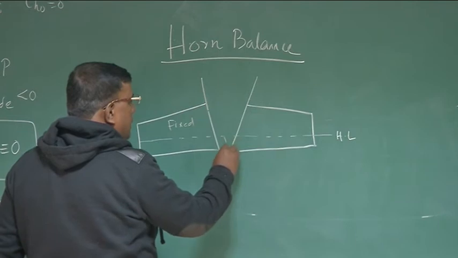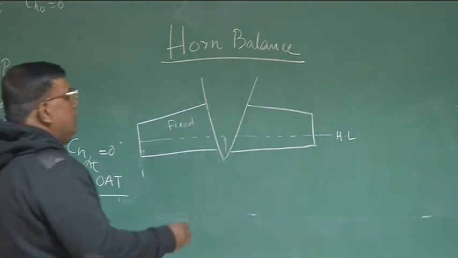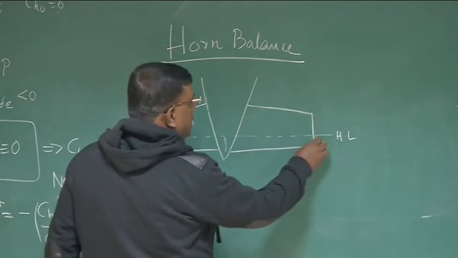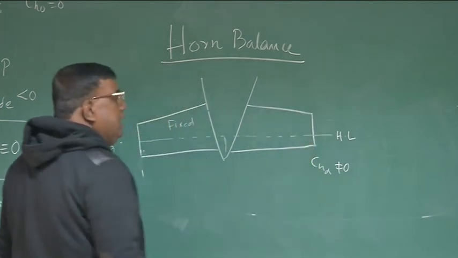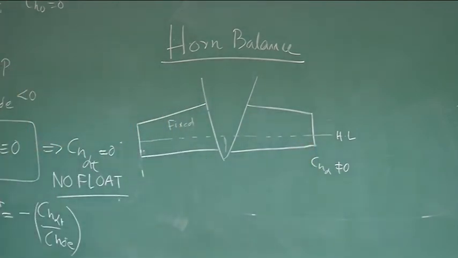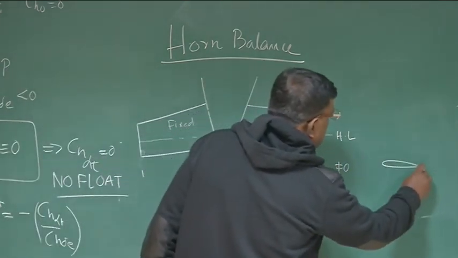It can go up and down, both sides. Now naturally, here you will find CH alpha T is non-zero. It is most probably negative, because the hinge line will be ahead of the center of pressure over the elevator. If you want to see the cross-sectional view, it is something like this.